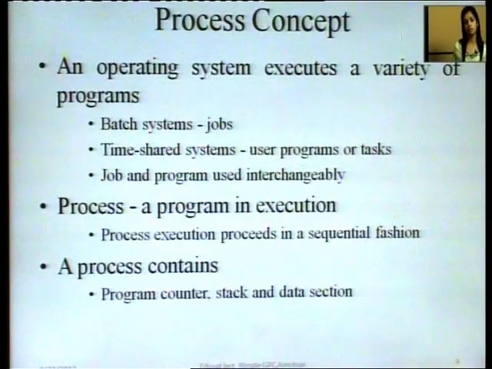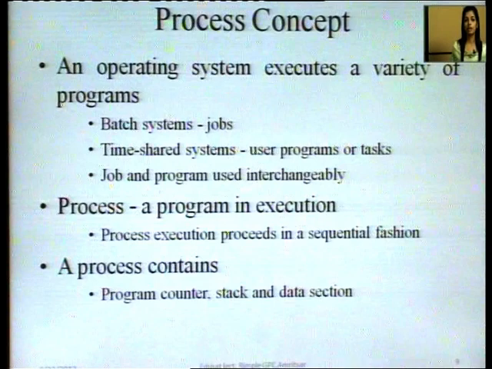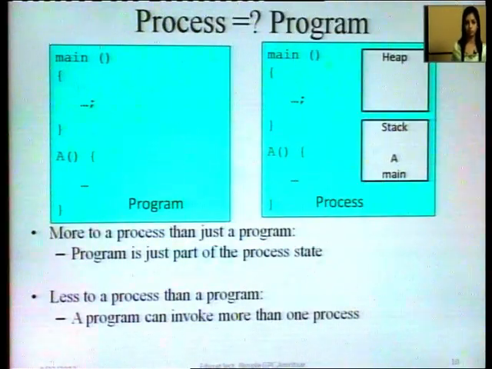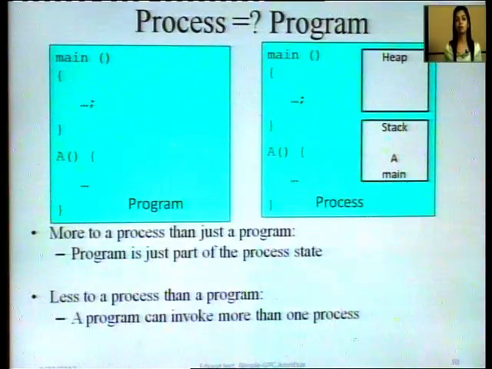While they are divided into time slices, the processes may store their addresses. Those addresses should be stored in the process control block, which contains the program counter, stack and data section. So what is the difference between process and program? A program is just a part of the process state.